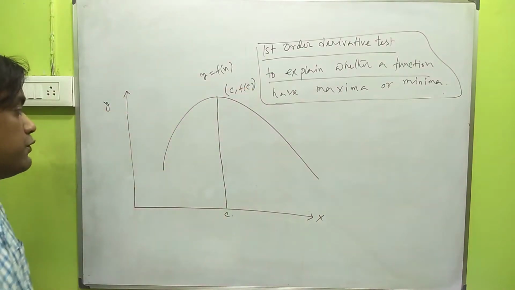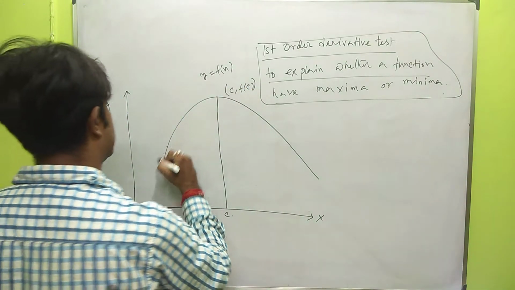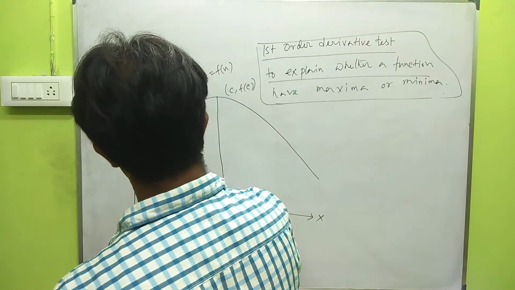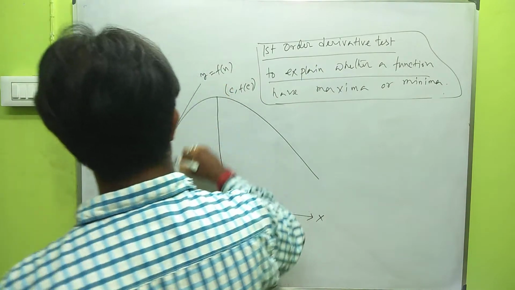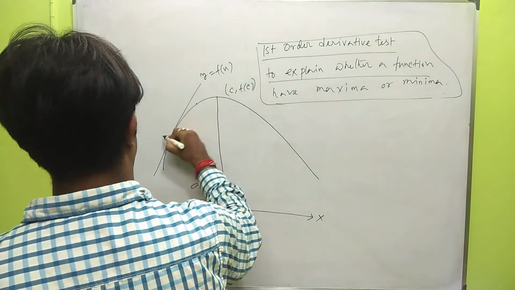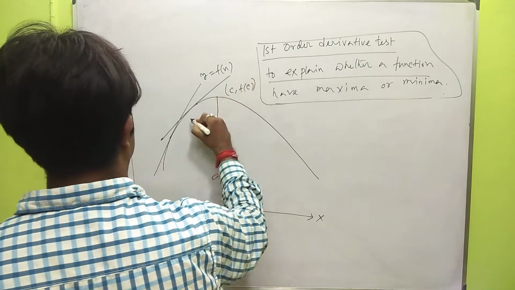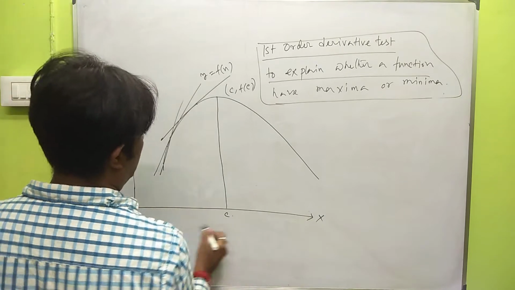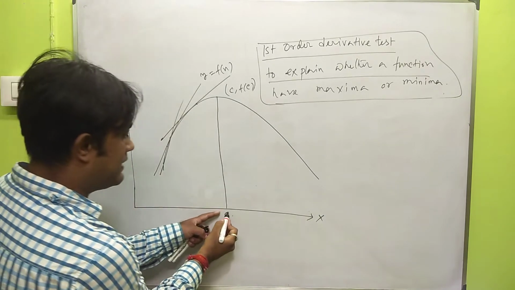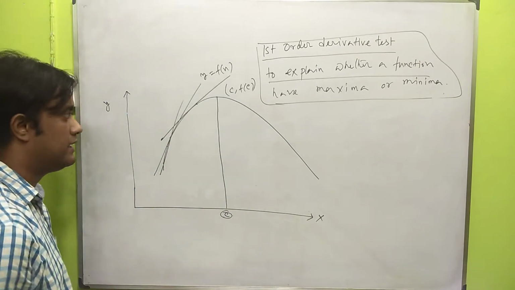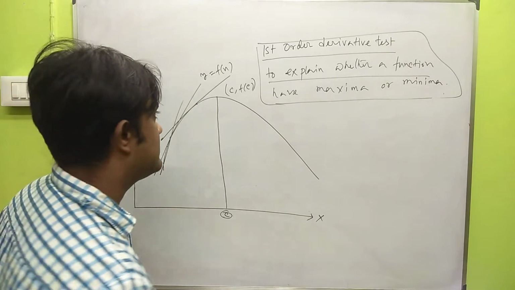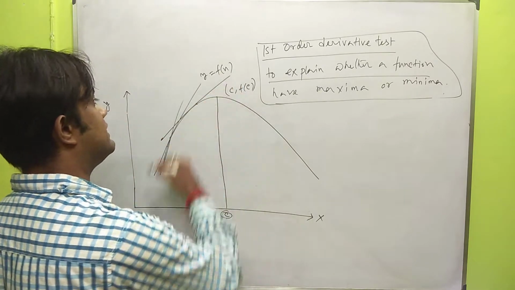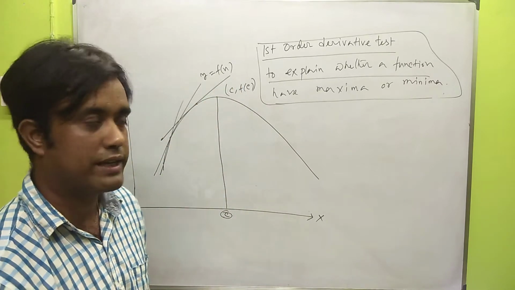Now, if we draw a tangent at any portion on the left hand side of this point C, we observe that this angle is an acute angle.